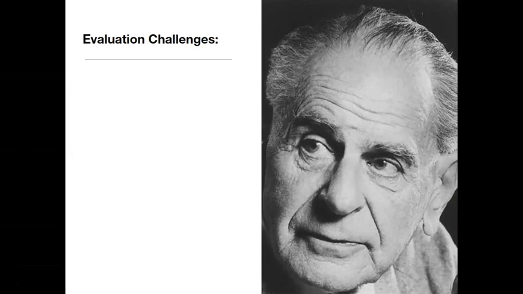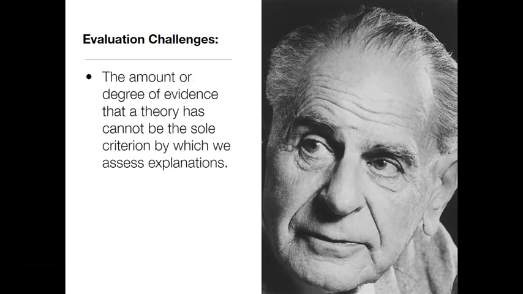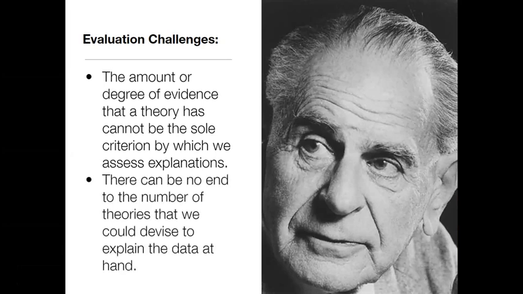This is the great 20th century British philosopher Karl Popper. He was very influential in philosophy of science and logic. We want to point out, though, that the amount or degree of evidence that a theory has cannot be the sole criterion by which we assess explanations, because we've seen in the history of science that even theories or explanations that we never fully adopted, we can confirm those quite easily.